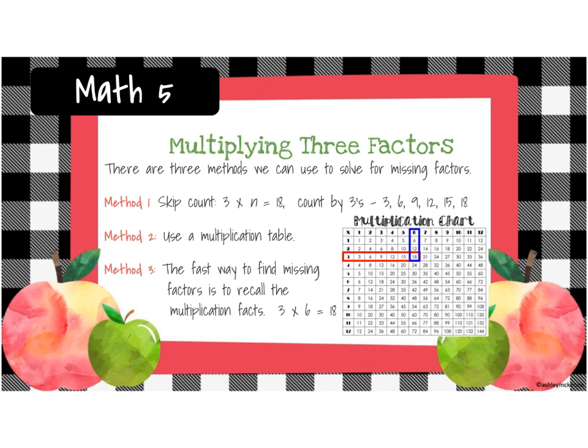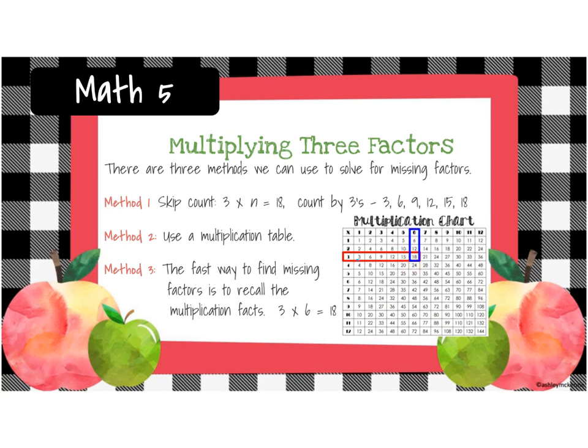Method 2 would be to use a multiplication table. Okay. So all of your factors for 3s can be found in the red right here. All of your factors for 6s right here. So if I did 6 times 3, it puts me right here where it's overlapping at 18.